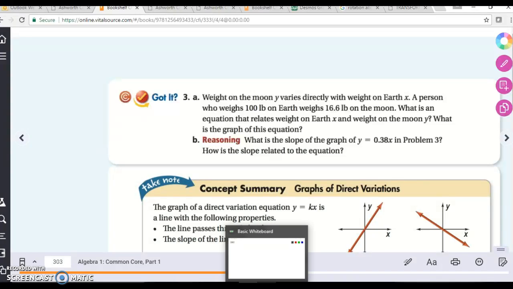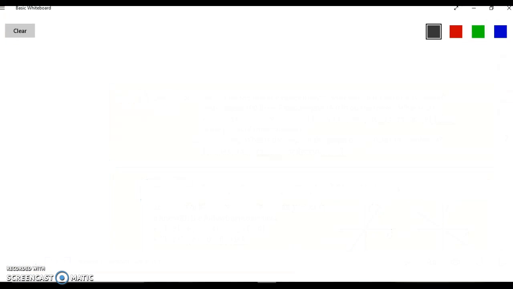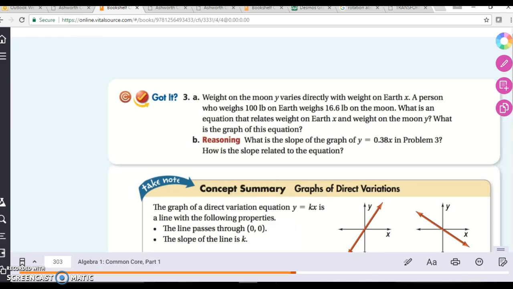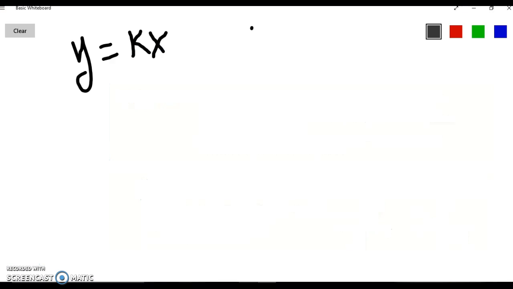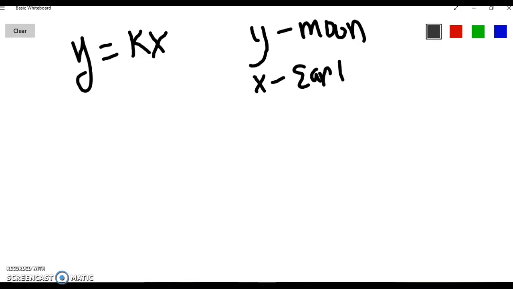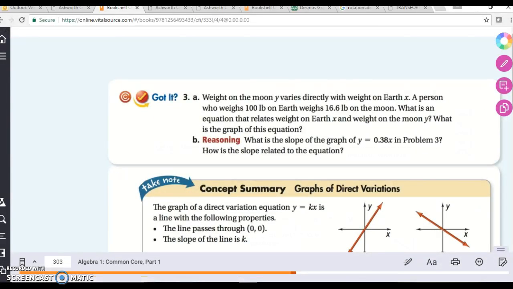So we have again our direct variation. Y equals kx. And Y is moon, and X is Earth. And I want to find that equation.